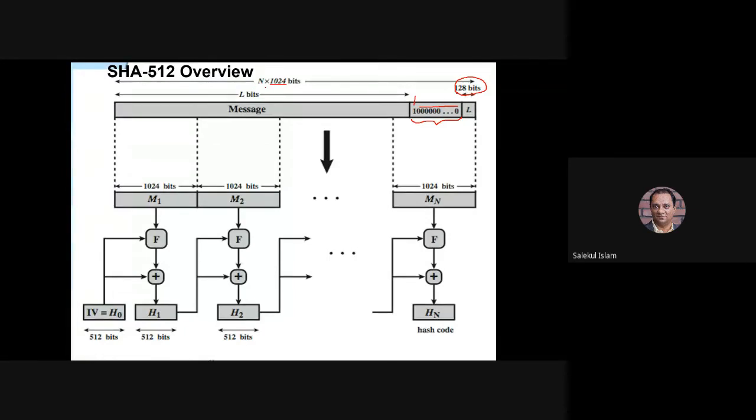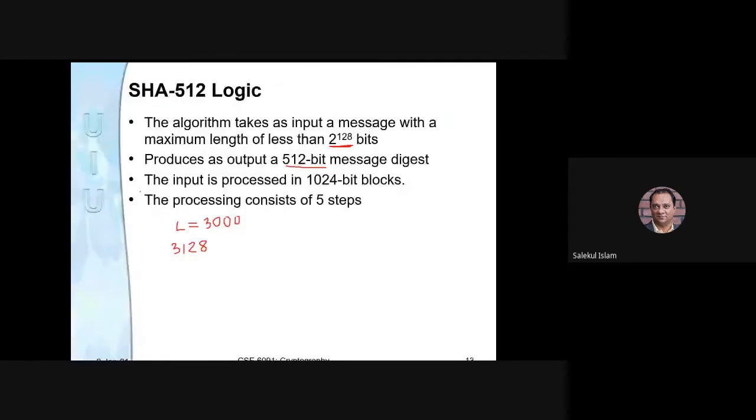I have to make the whole thing a multiple of 1024. So this 3128 plus x, where x is equal to the length of the padding, should be some multiple of 1024.